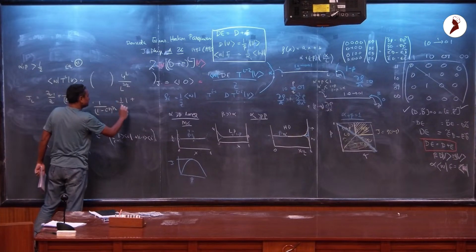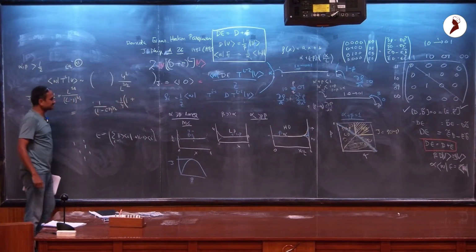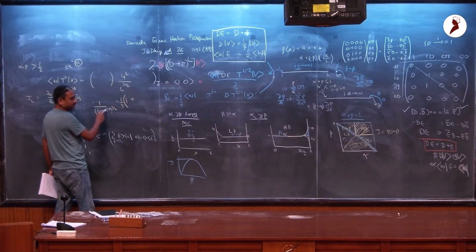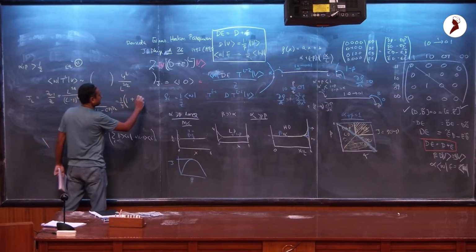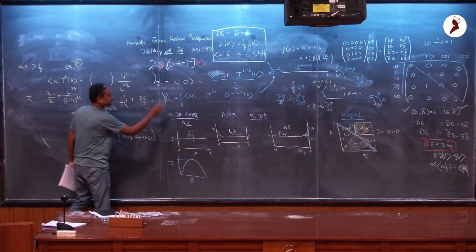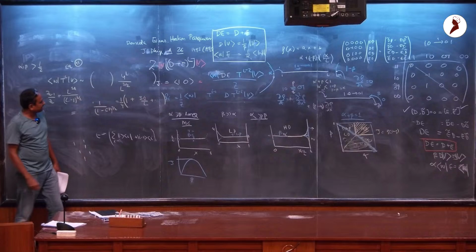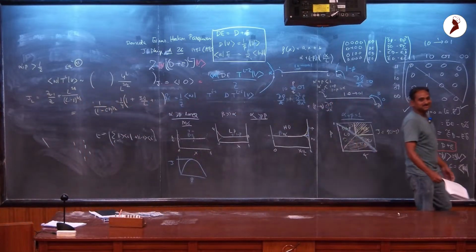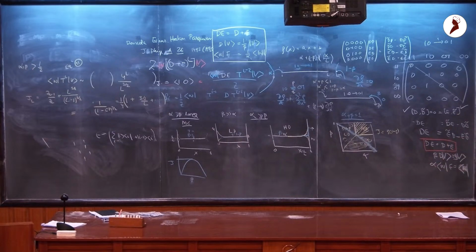So there is a 1 by 4 into 1 plus 3 by 2 by L, plus other terms. So the first correction is 3 by 2 L. I will use it somewhere. Okay, we'll stop here and go to the next problem and use this expression somewhere.